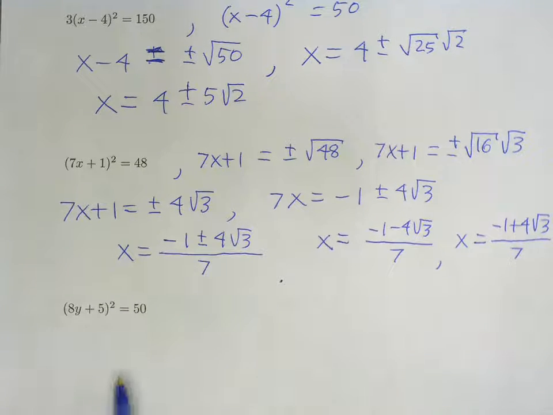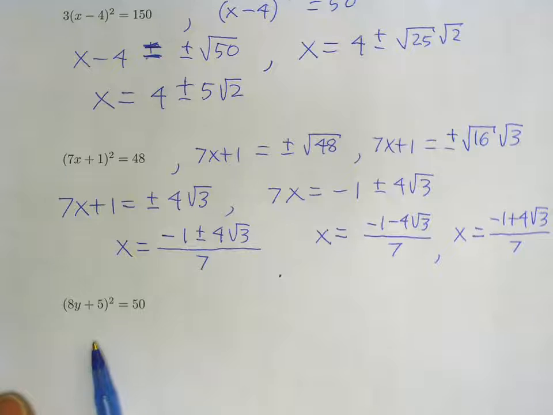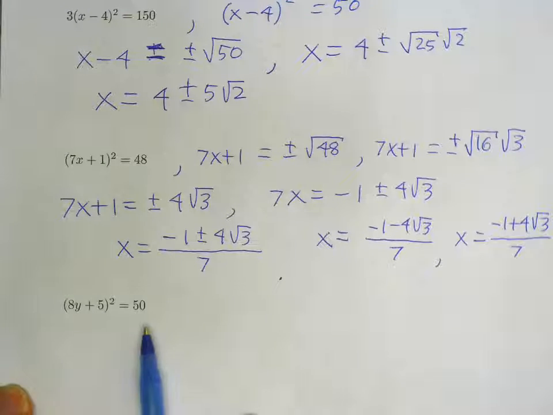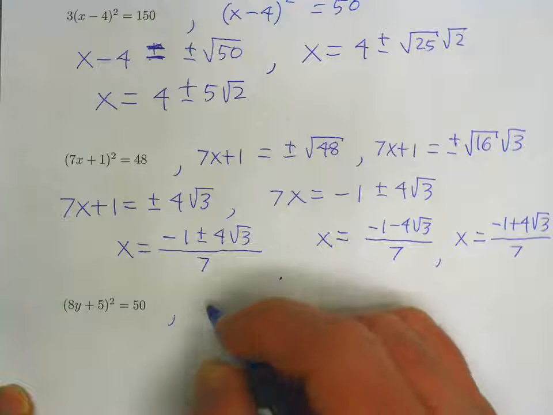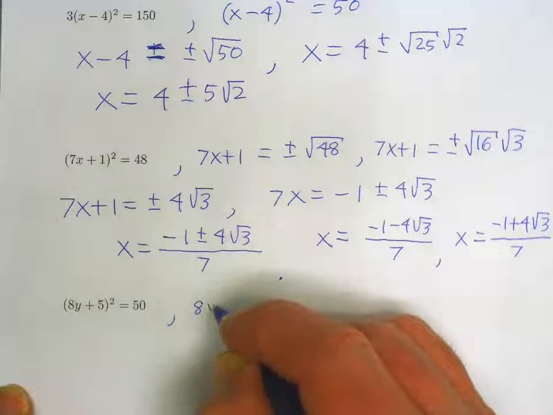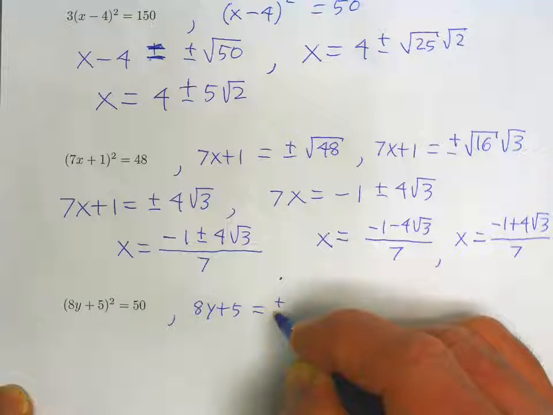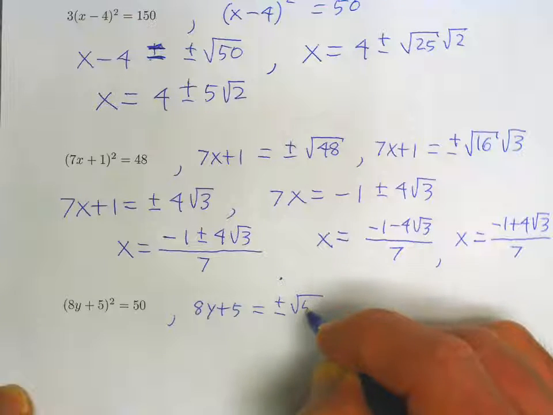Okay, the next one is similar to the one we just did. This is all set up to apply the square root property. So we'll do that. Since the binomial 8y plus 5 quantity squared equals 50, then 8y plus 5 equals positive and negative square root of 50.